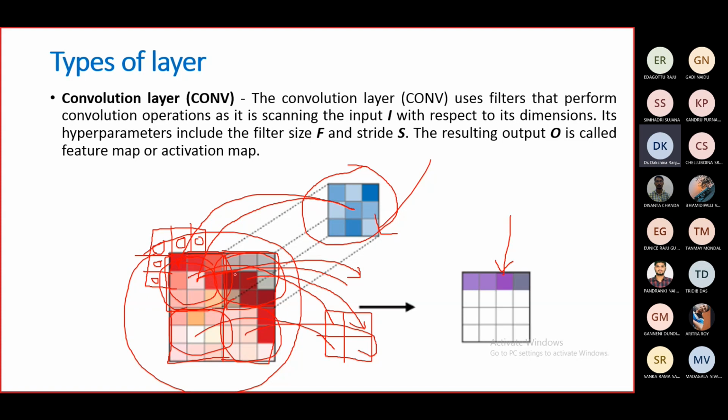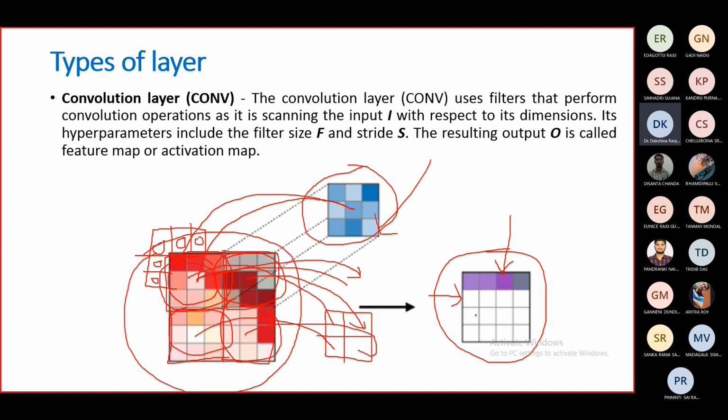This feature map is nothing but the convolved image. That means after convolution of the input image with the filter, we have generated this feature map. In this convolved image, we have generated 4 by 4 pixels, that means 16 pixels.